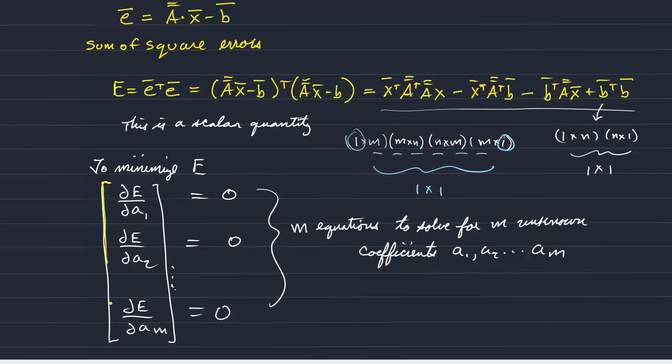And this is going to be a vector which we'll call the derivative of E with respect to vector A. So this is a vector of partial derivatives. And the vector involves M partial derivatives, so it has a length of M.